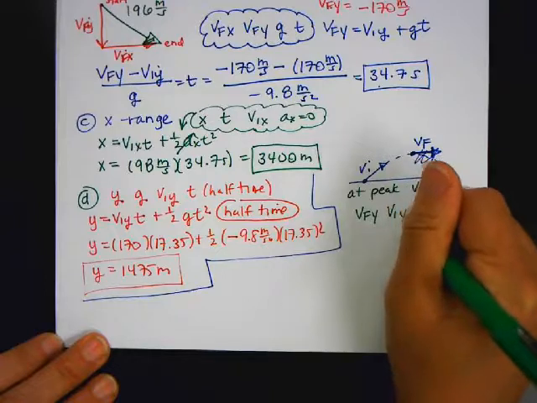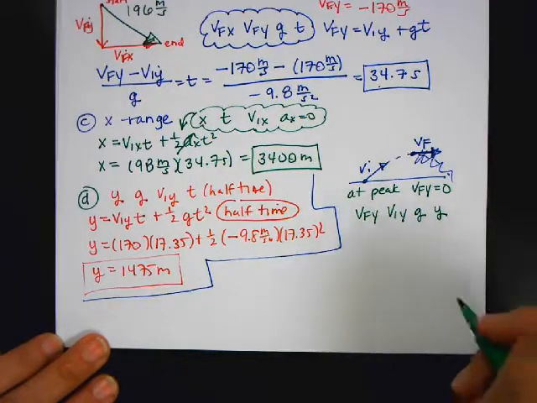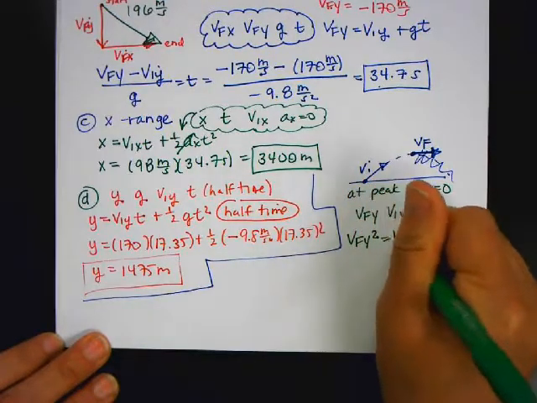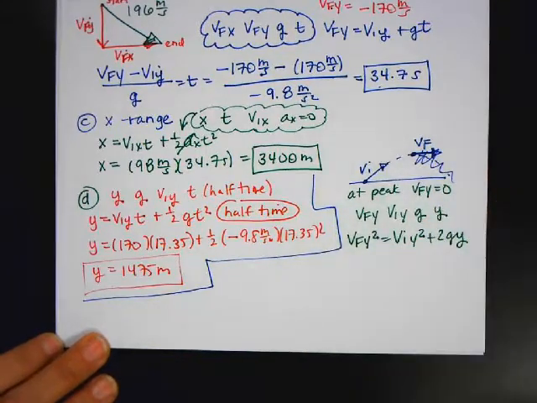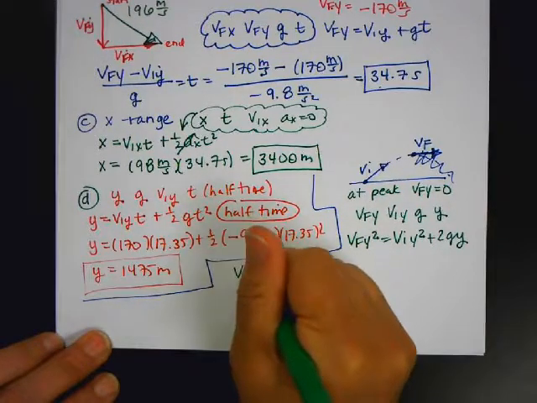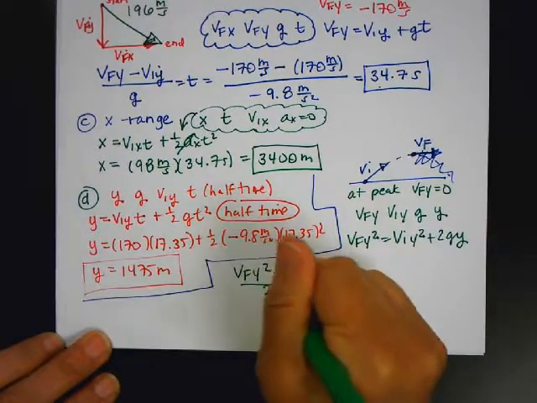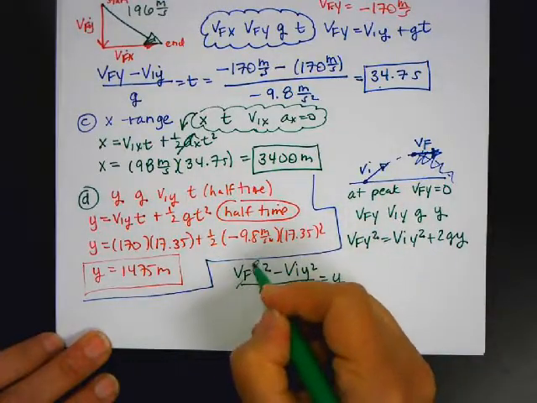I know VIY. I know G. I can find Y. So now I can use a different equation and say VFY squared is equal to VIY squared plus 2GY. I'll rearrange the equation to solve for the unknown in terms of the known. So VFY squared minus VIY squared over 2G is equal to Y. Now this is 0, so I'll just get rid of that.